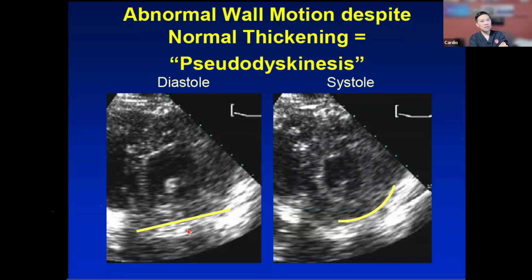The other thing we have seen is pregnancy, in the later trimester, where the baby is abutting the diaphragm, pushing it up. We have also seen peritoneal dialysis: when the fluid is inside, it pushes up the diaphragm, creating pseudo-dyskinesis.